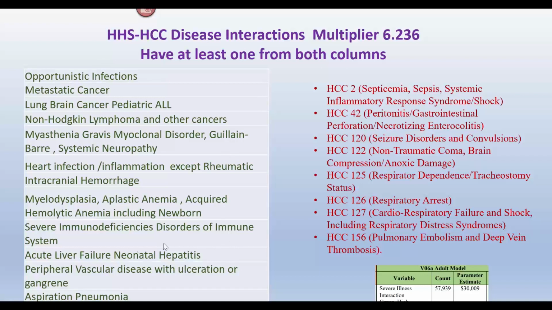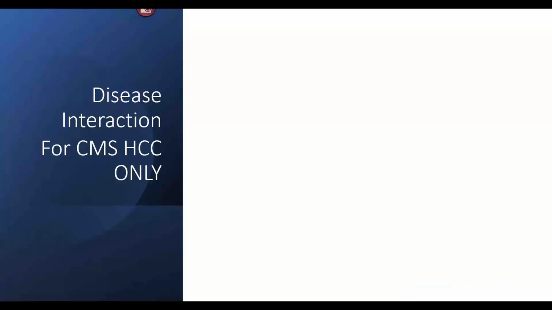If you have any one of these on the left, you're going to get the risk score for that. If you have any one of these on the right, you're going to also get the risk score for that. But if you have both, one from the right, one from the left, you're going to get an interaction which essentially equilibrates to about $30,000 additional dollars to that patient's medical cost.